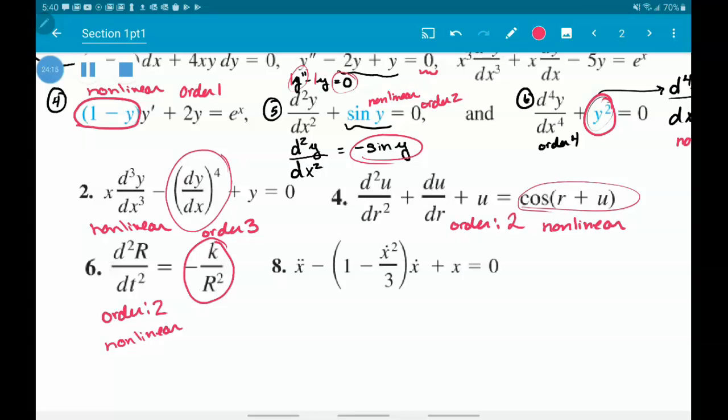So that's the issue. And then if we look at 8, 8 is using Newton's notation, the dot notation for derivatives. Here's the issue. We have a first derivative that's squared. So this is a nonlinear differential equation. The order is 2 because that's the highest derivative that we have, which is right there.